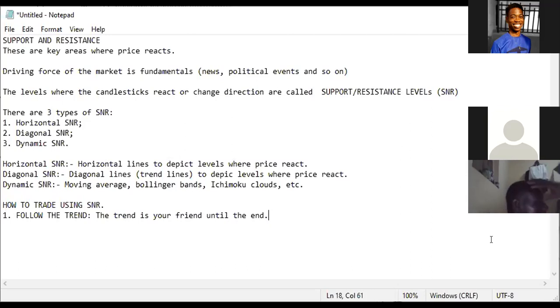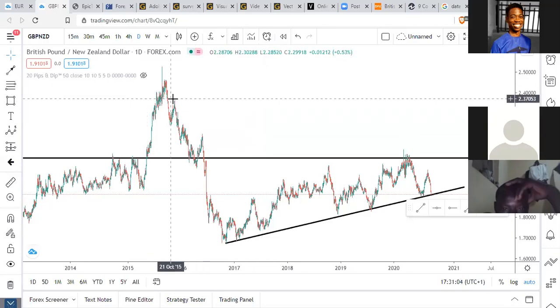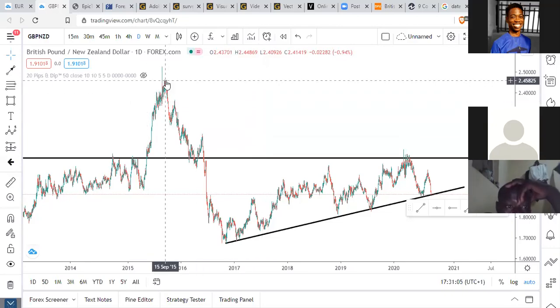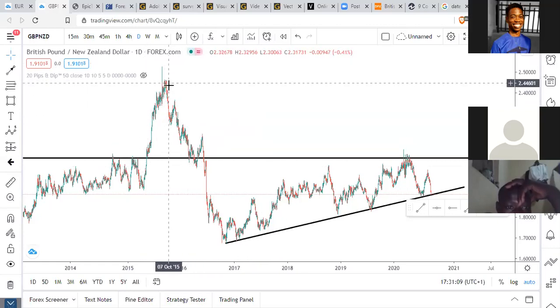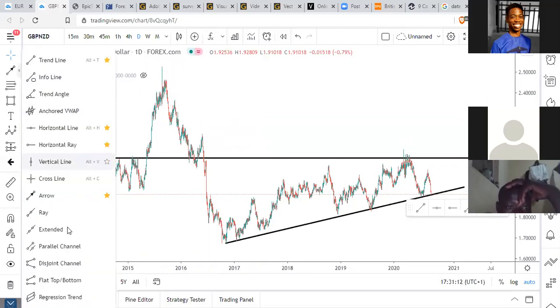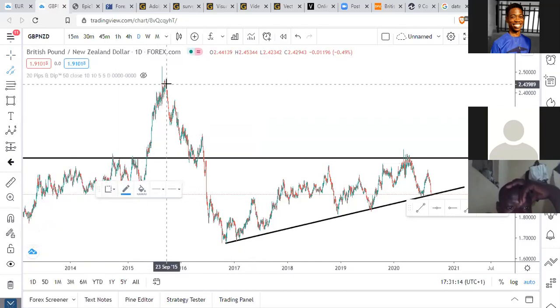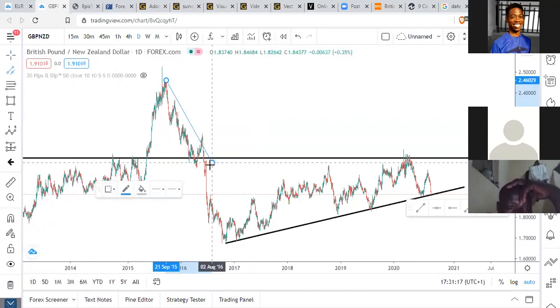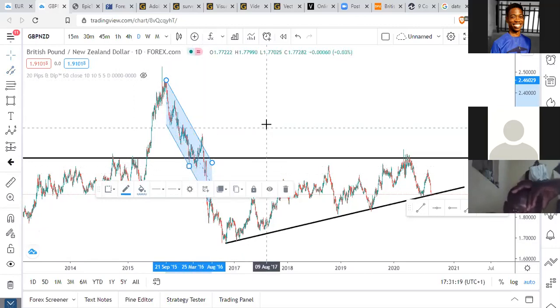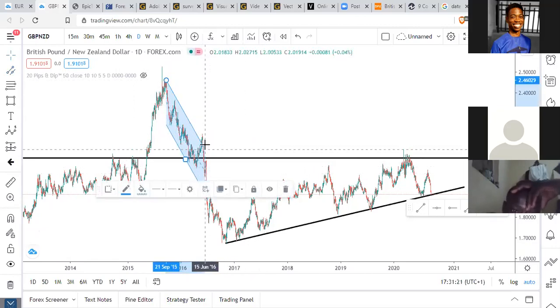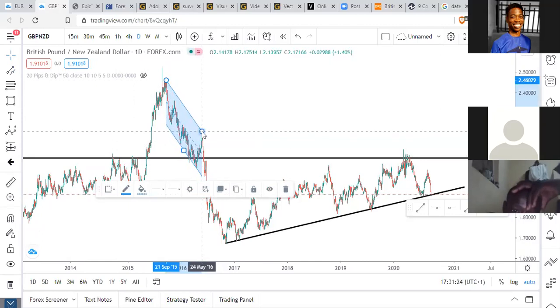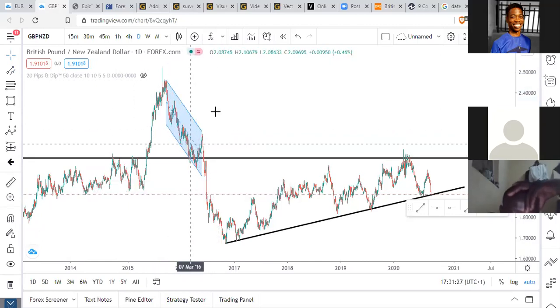Let me share my screen back again. Now imagine someone. This right here is a bearish market. In a bearish market, what do you look for?